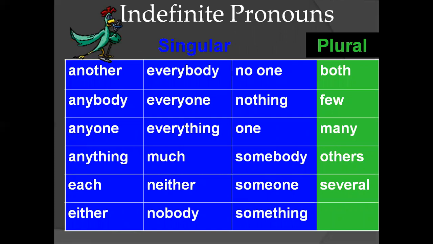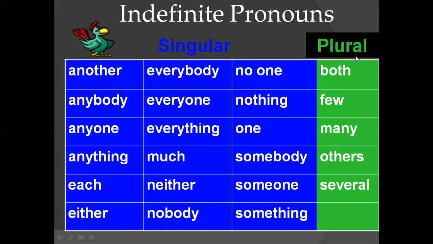And let's see some indefinite pronouns in singular and in plural. Another, everybody, no one, anybody, everyone, nothing: they all of them are singular, and we should use them in singular.